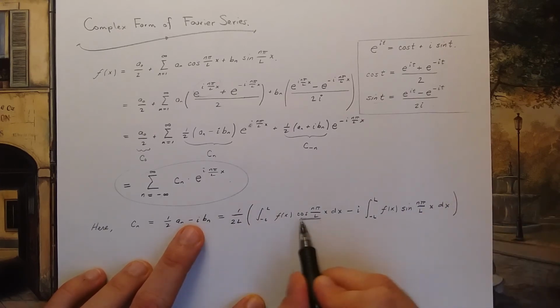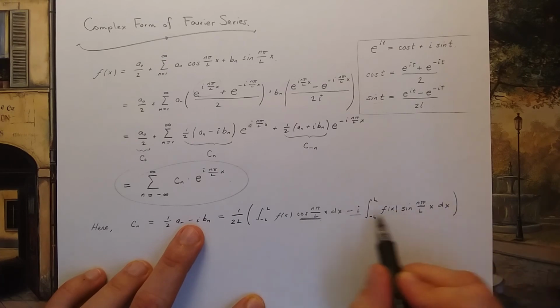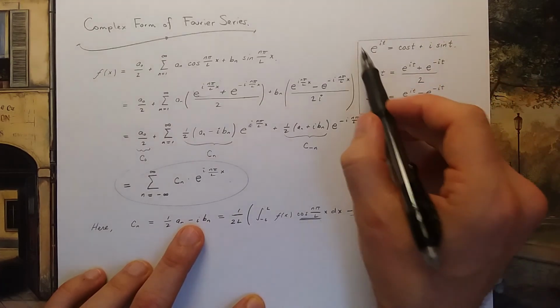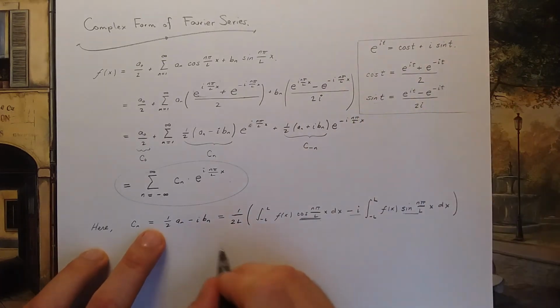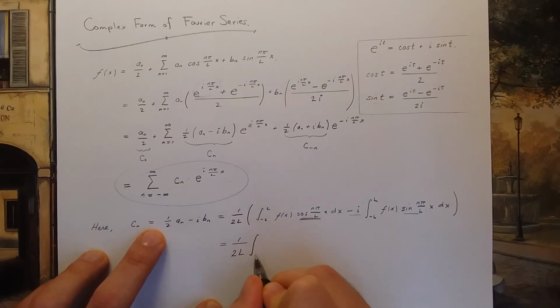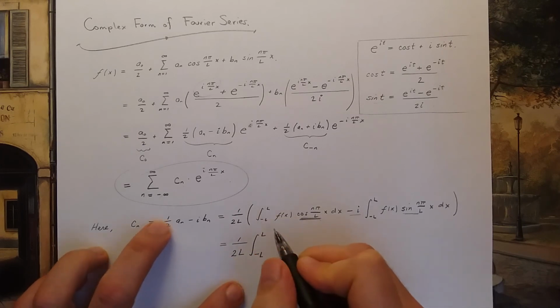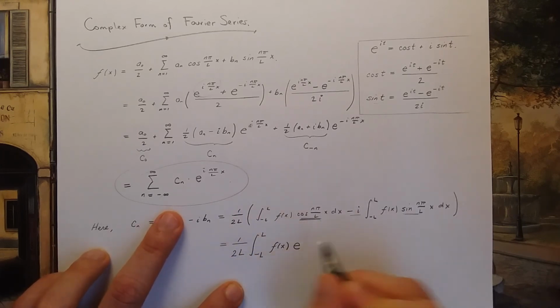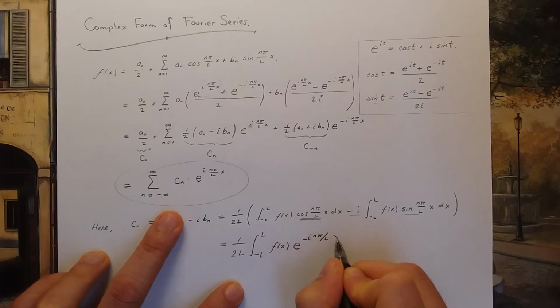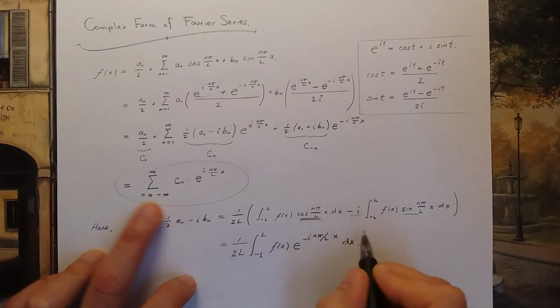But if you notice, I have cosine minus i sine. Using Euler's identity right back up here, this Cn can be expressed as 1 over 2L, the integral from negative L to L, my function f of x times e to the negative i n pi over L x dx.